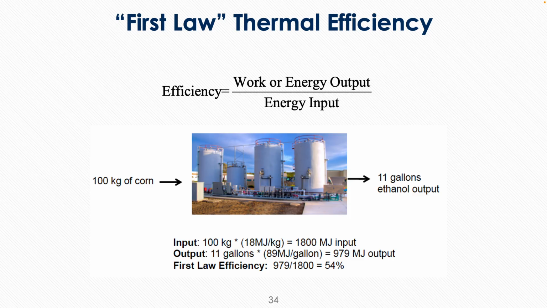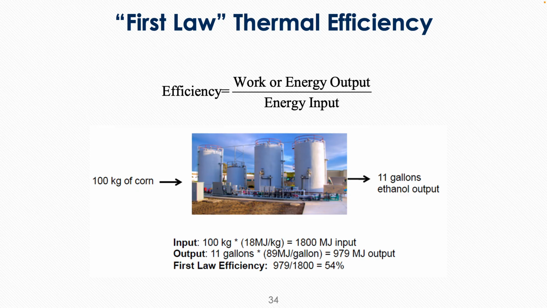Okay, so thermal efficiency. We can think of efficiency in terms of these units: work or energy output divided by the energy input. Now, because we're in the efficacy world, we don't necessarily need to make the units the same.